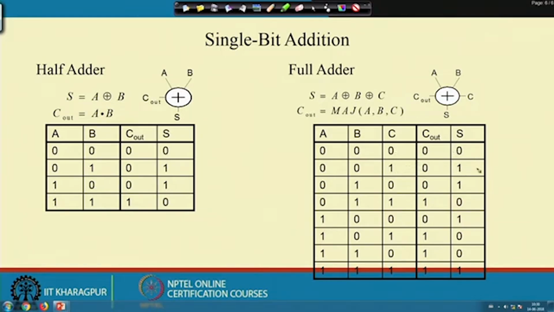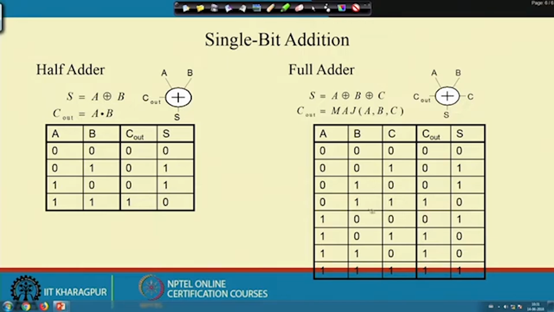If carry is 1, then sum will be 1, otherwise it will be 0, and carry out is 0. For the 0 1 case, when the carry bit is 0, the sum is 1. But when the sum of A and B is 1 and carry in is again 1, I am again adding 1 along with 1.